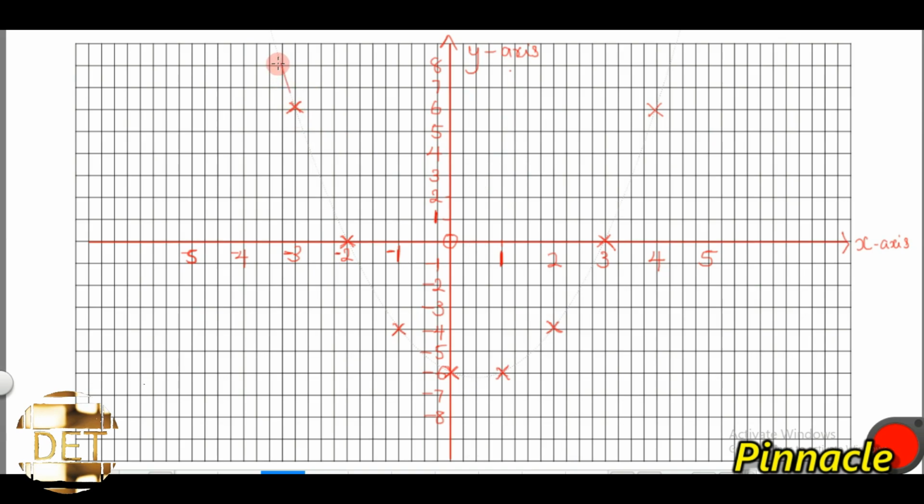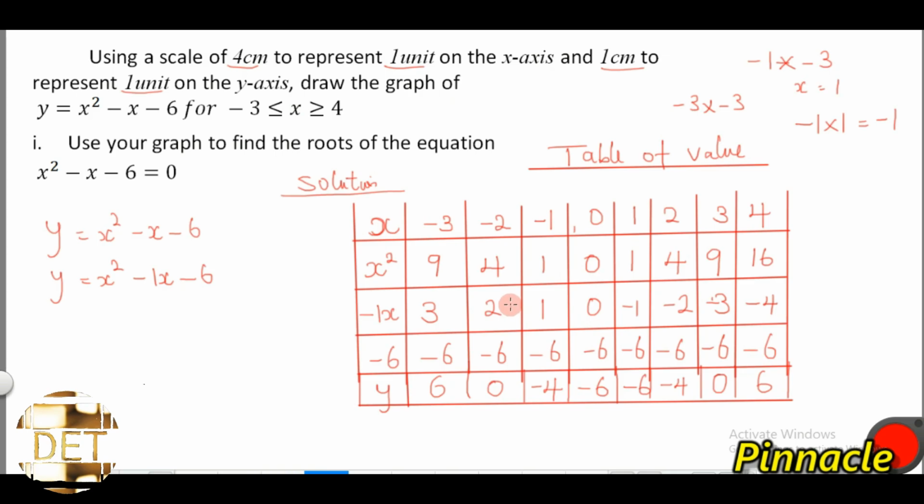So I'll start from here and then draw the line. You can see the line cutting across the marked points, across the middle of the marked points. So with this, I have drawn my line connecting all these marked points, right? So I have drawn my graph.